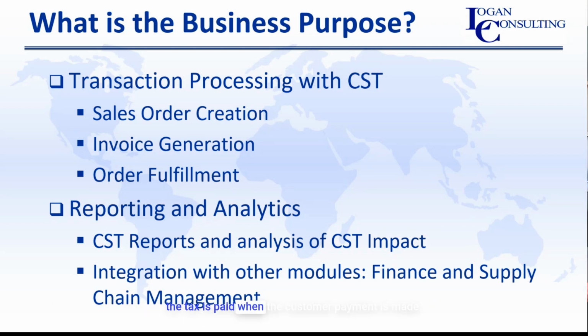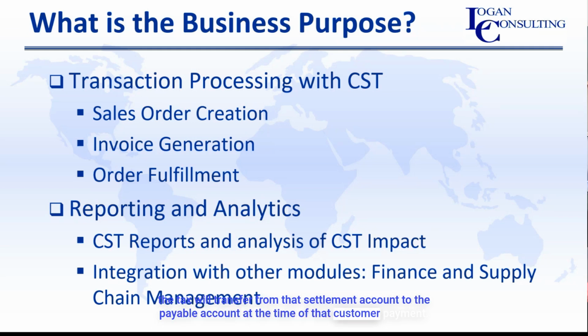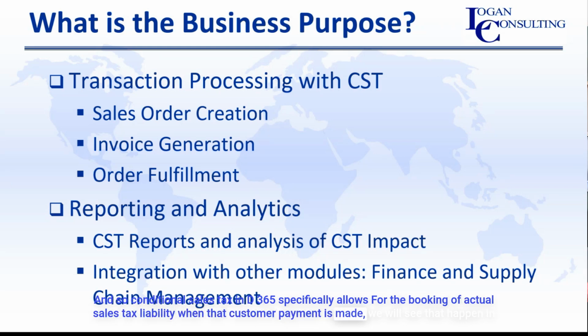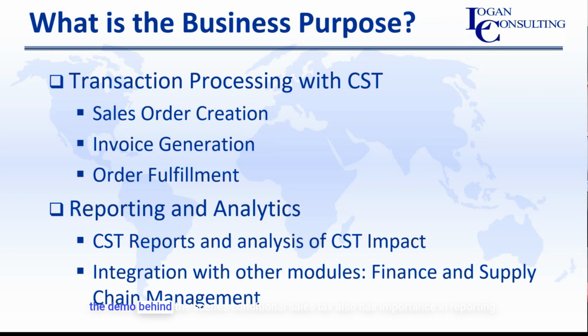The tax is paid when the customer payment is made. The tax will transfer from that settlement account to the payable account at the time of that customer payment. And so conditional sales tax in D365 specifically allows for the booking of actual sales tax liability when that customer payment is made. We will see that happen in the demo behind the scenes.